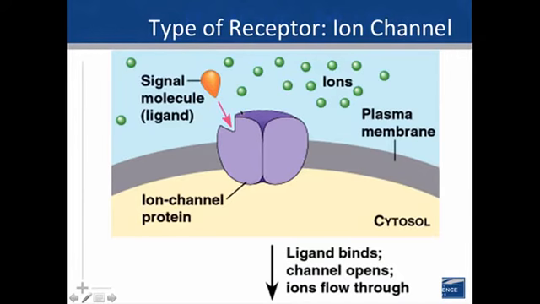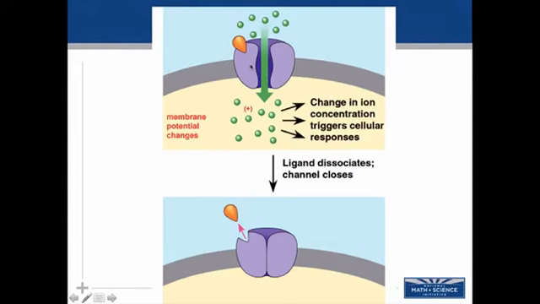And an ion channel, again, is an integral protein that spans the distance of the cell membrane, and it has a receptor site that is specific to the signal molecule or the ligand. And when that signal molecule is in place, we'll see there's a conformational or shape change, and that causes the integral protein to change its shape, and that's going to create this channel where the ions can come in.